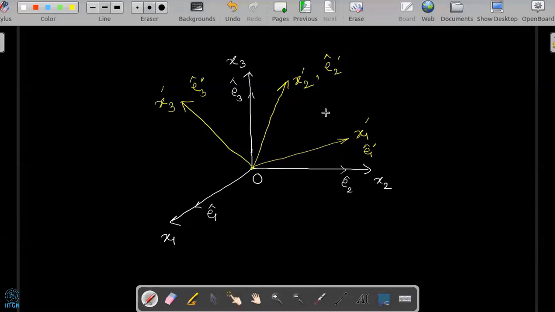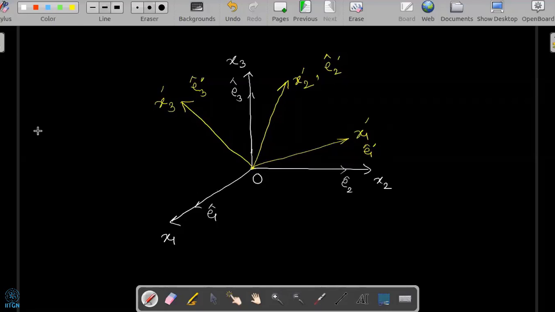Let's deal with them one by one. First, let's consider x1 dash. Now x1 dash is also a kind of vector for me, of which the unit vector is E1 dash cap, and this is making angles with the previous coordinate system.